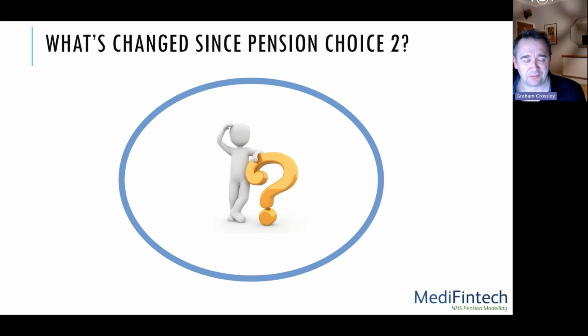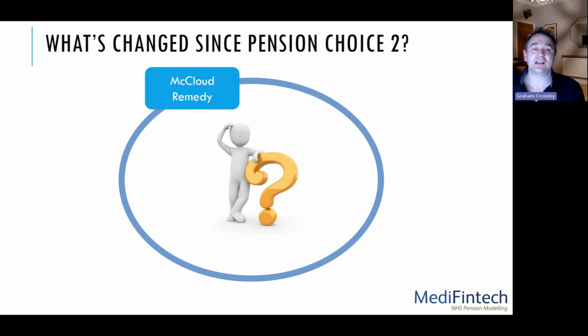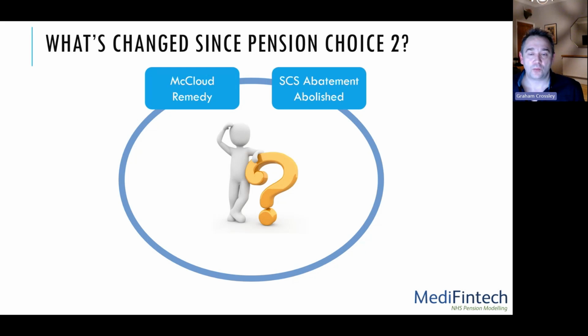But what's changed since then? Because a lot has changed since that Pension Choice 2 exercise. We've seen the McCloud Remedy, as I've just explained and gone through. That has a significant impact on your choice and what's going to be right for you. We've also seen that special class status abatement abolished.